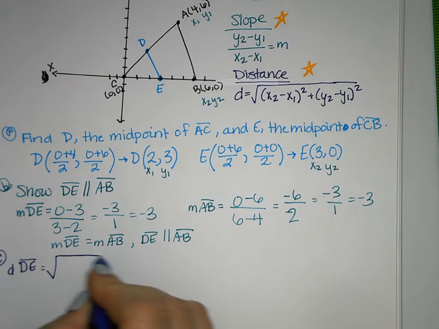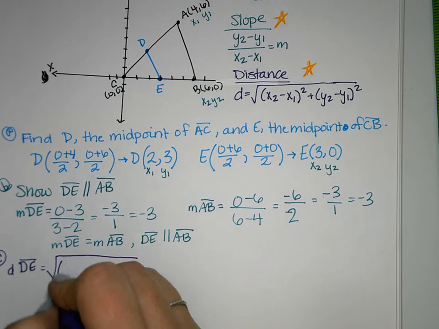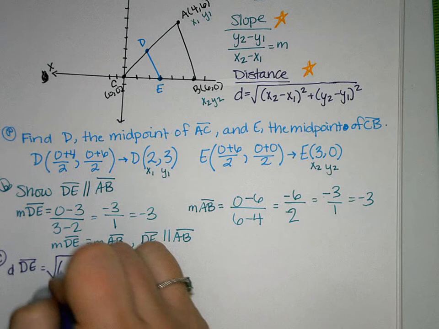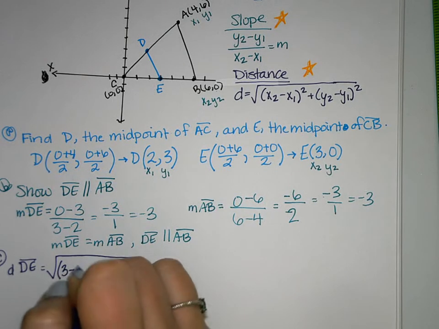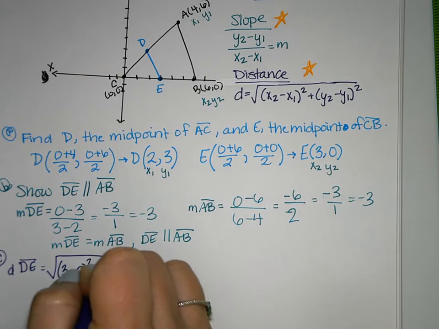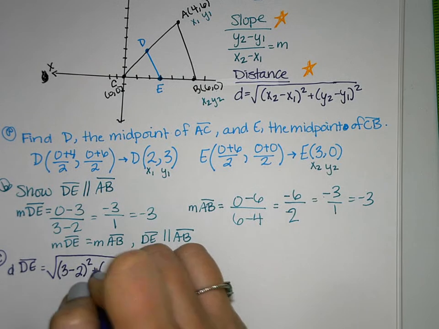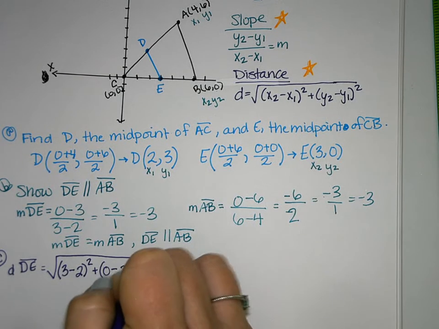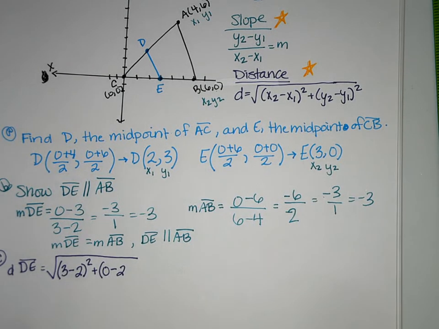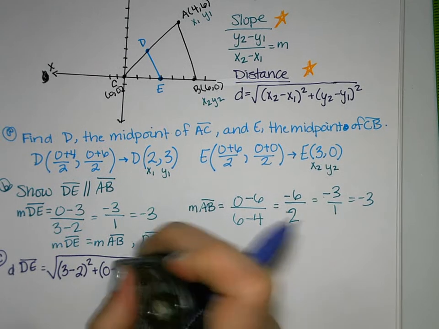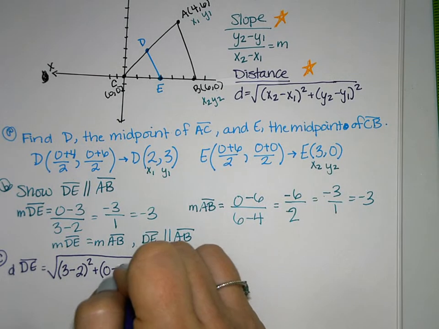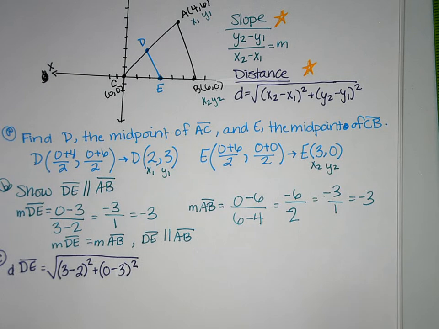And I'm going to plug them into the formula. So x2 minus x1 squared plus y2 minus y1, whoops, y1 is 3, not 2, squared, and then I'm going to simplify.